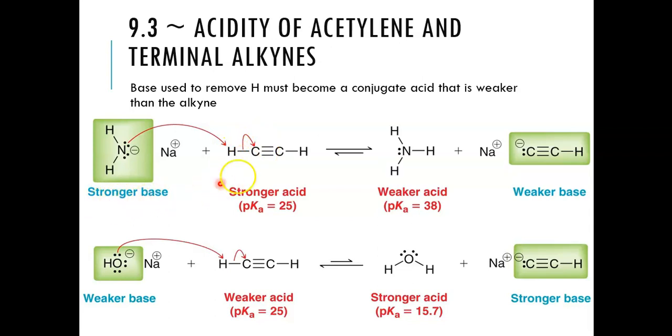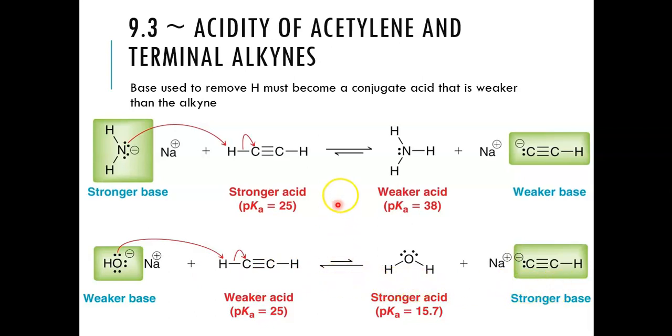So this is our base, this is our acid. Our conjugate acid is NH3 ammonia, and then here is our conjugate base. The other example that's shown on here is using hydroxide, so sodium hydroxide. Same mechanism. Our conjugate acid is water, and then here's our conjugate base.